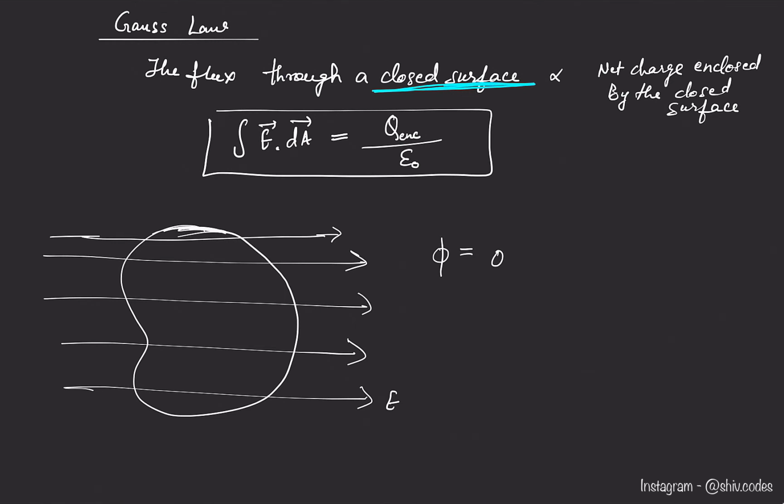And you can get the intuition that for the right surface, the area vector would make an acute angle with the field, so flux through the right surface would be positive, while for the left surface, since this is the area vector and this is the electric field vector, the angle would be obtuse and hence flux would be negative. So the net resultant would be 0 as per Gauss law, because the charge enclosed by this closed surface is 0.